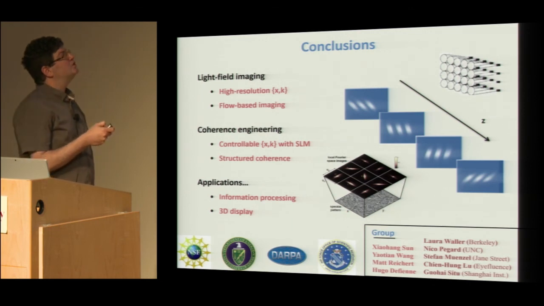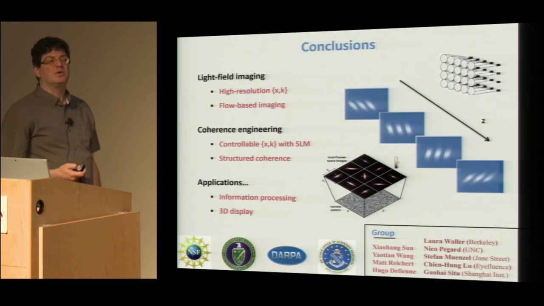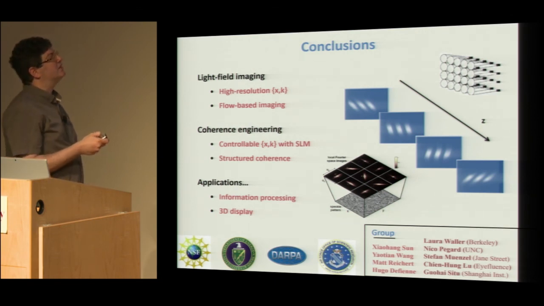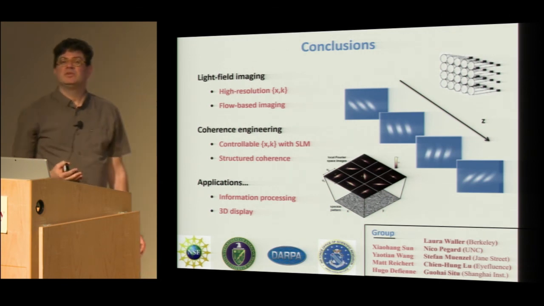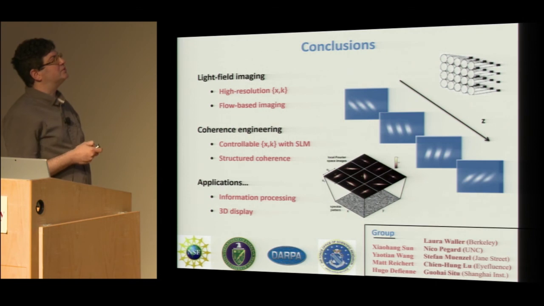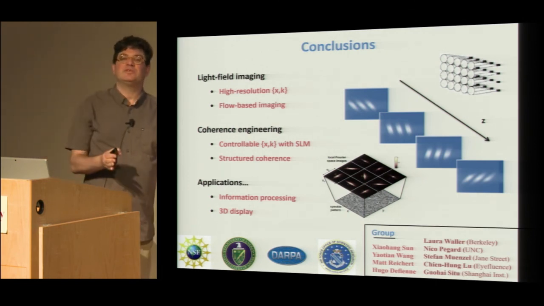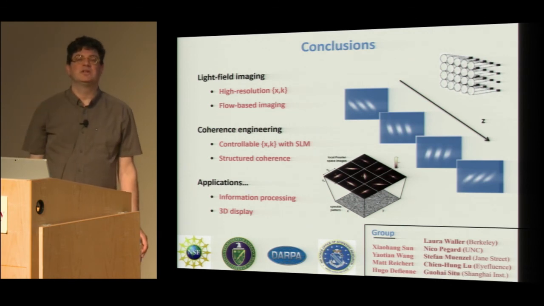Once you can measure your light field with high resolution, so you can be sure of what the coherence is doing, you can then use modulators to engineer it and structure it just like you would normally with intensity illumination or phase patterns. And then do all sorts of information processing and hopefully carry over the benefits of structured illumination to structured coherence.